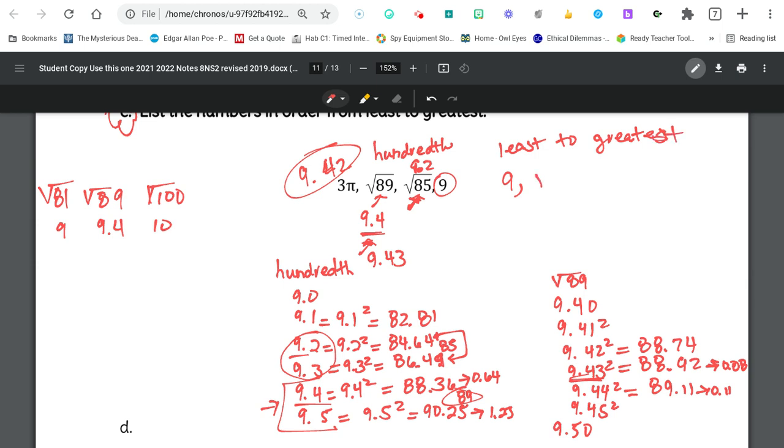And then the square root of 85, because it's 9.2, smaller than 9.4 anything. And then we've got 3 pi, because it's 9.42. And then we've got the square root of 89, which to the nearest hundredth is 9.43. All right, and that's it, guys. Thank you.